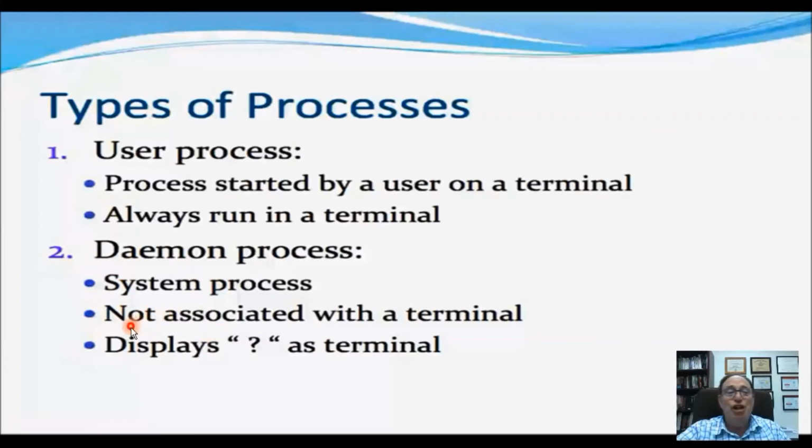They are not associated with any particular terminals, and when you do various commands to see what's running, the terminal will display a question mark, because none of these processes are associated with the terminal. They're just basically support for the operating system to service the users that are using the system at that time.